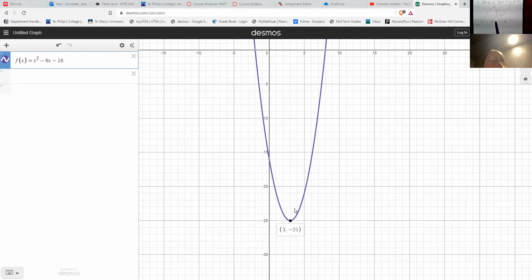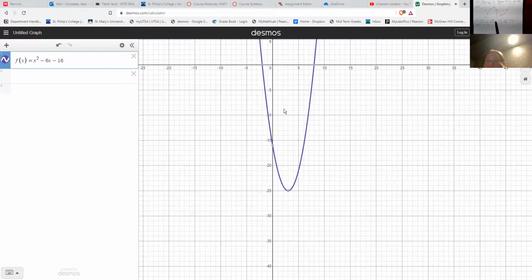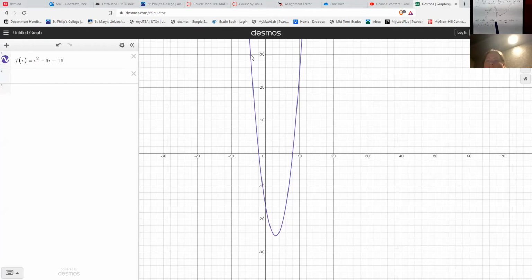It is a minimum, but we're not talking about that right now. From left to right, we are decreasing all the way up until here. So from negative infinity up until 3, we are decreasing. So that's the answer for the decreasing part. Then from 3 to infinity, we are increasing. Do you guys see that?